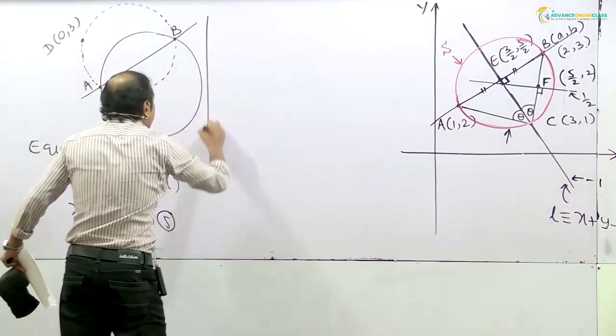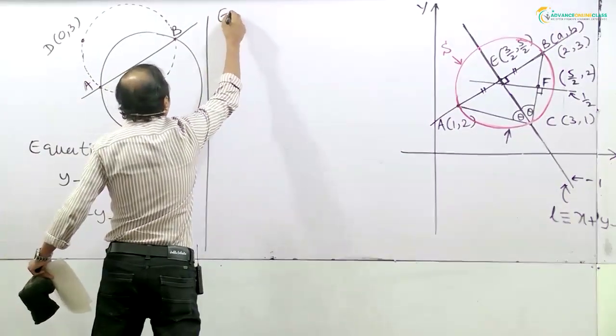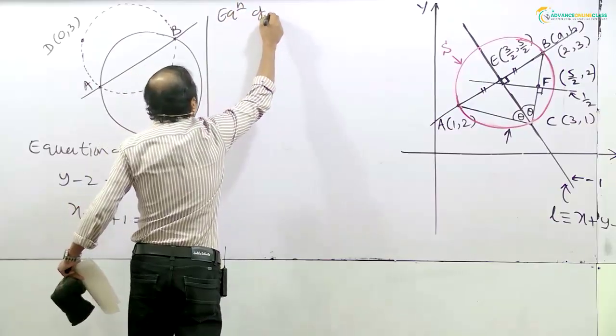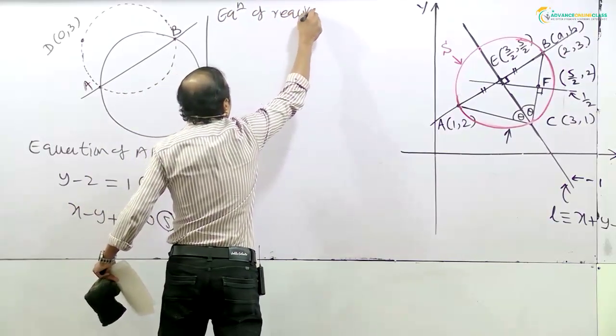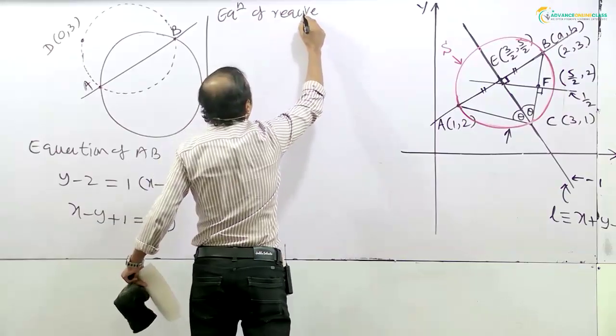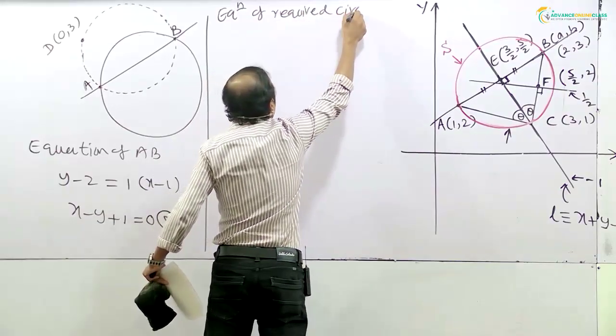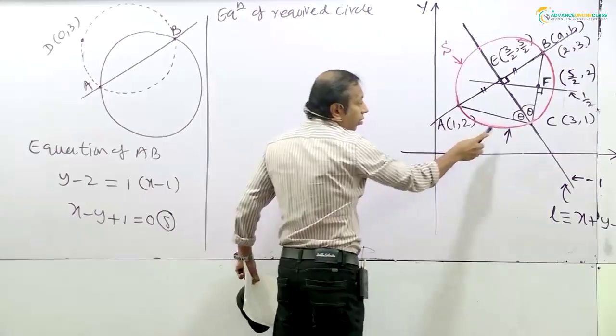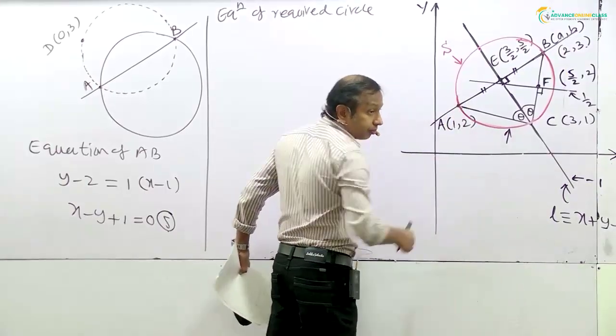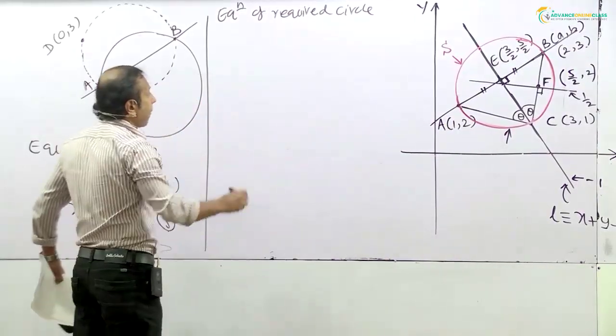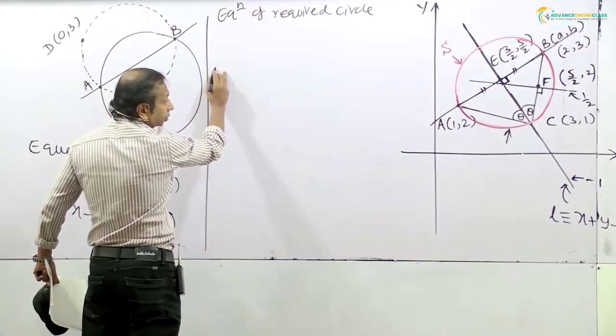Now you can write what? Equation of the required circle. How to write, people? S plus lambda L equals 0. Right. How to write the equation of S?